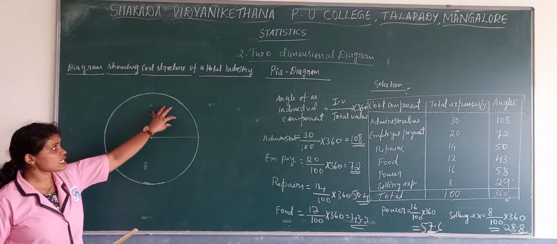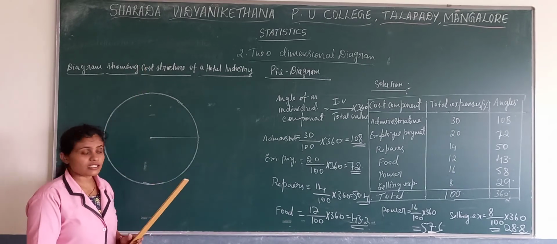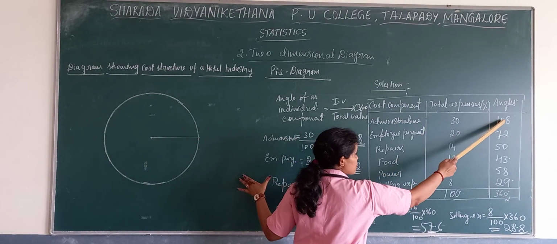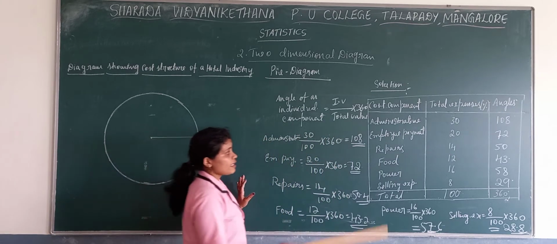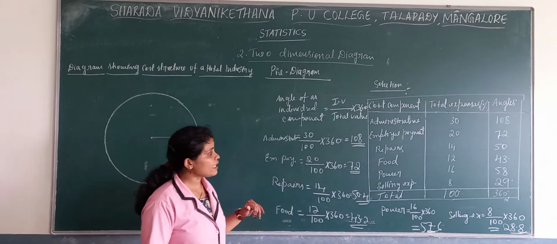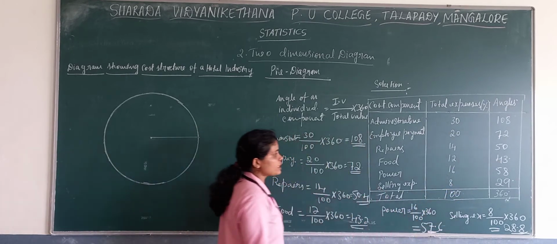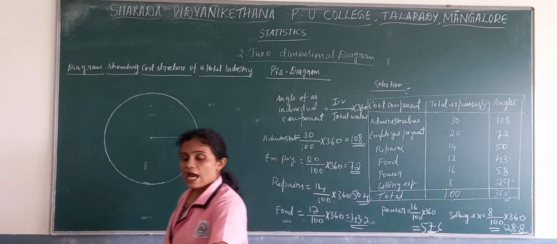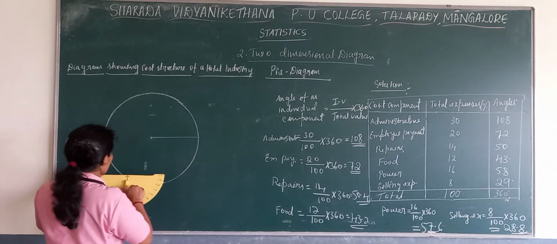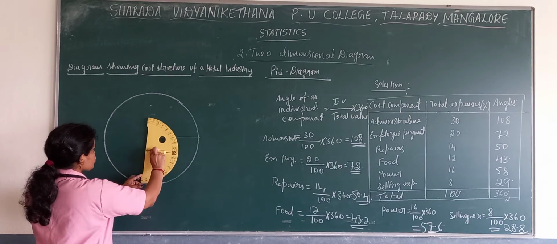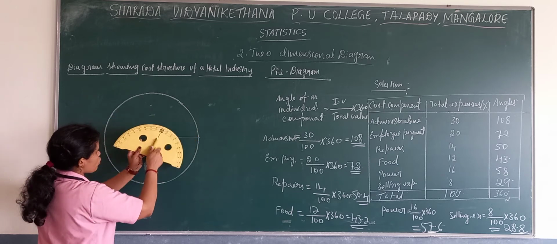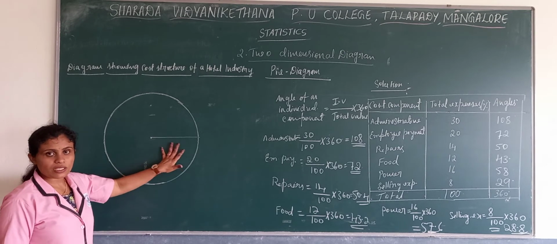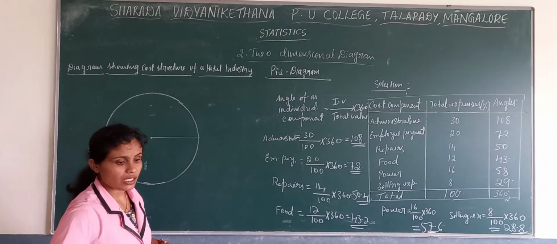You can start from anywhere, but the circle should represent these angles: administrative 108 degrees, employee payment 72 degrees, repairs 50, food 43, power 58 and selling expenses 29. I feel this is a comfortable way, so I am starting from here.